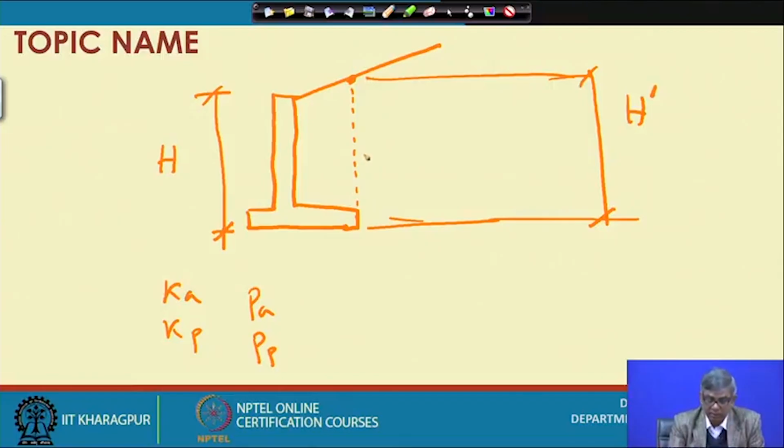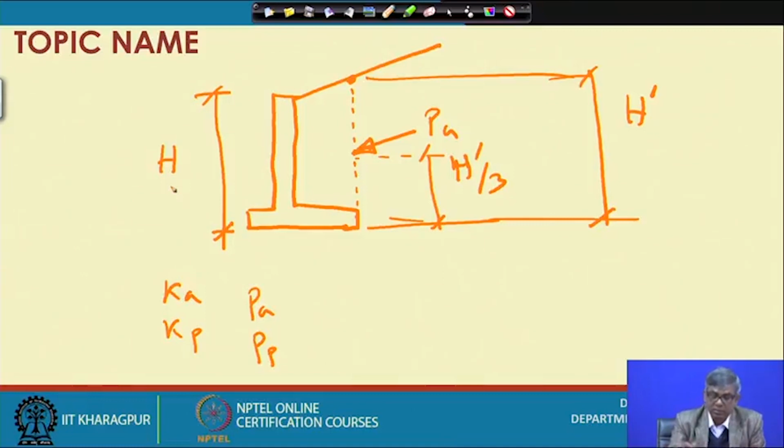So ultimately we will apply PA somewhere here, and this height will be equal to H dash by 3, not H by 3. So this is the simple modification we do when this type of problem is there in the calculation.